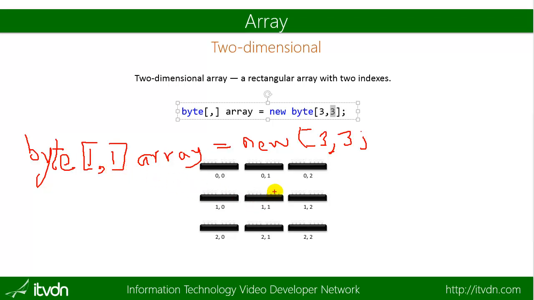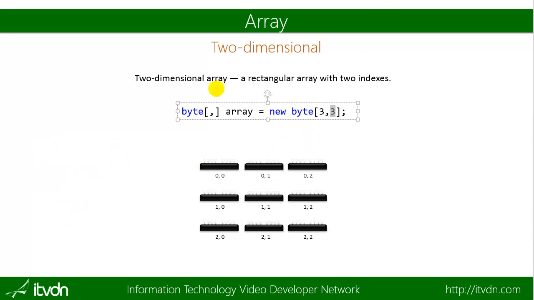Okay, now if you want to assign a value to this array, let's look at what we do. You write array, sorry, it's gone. Why?